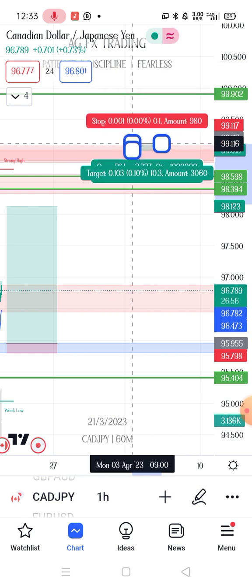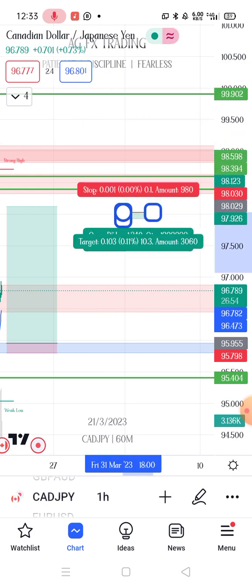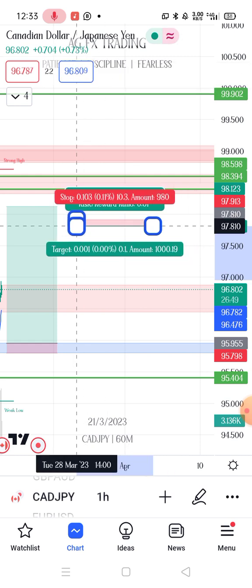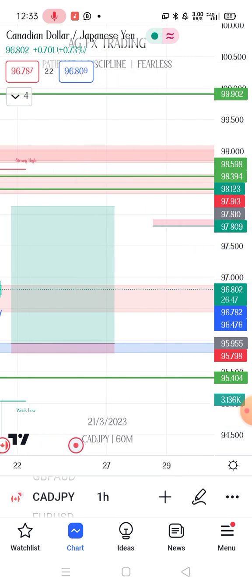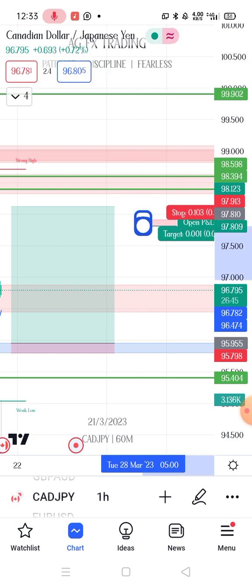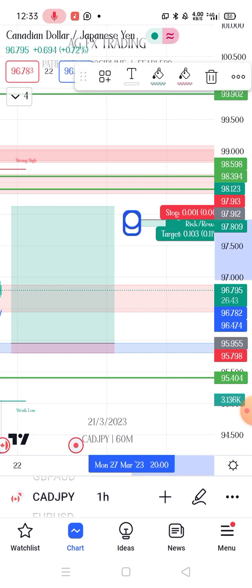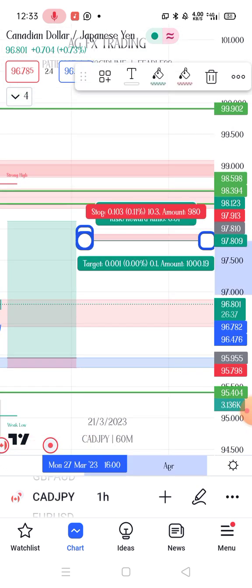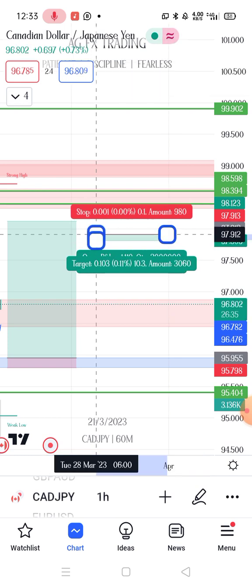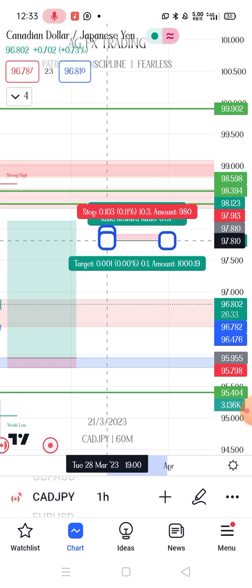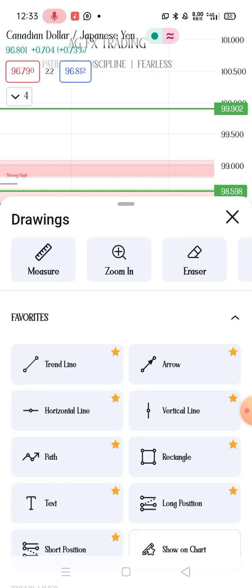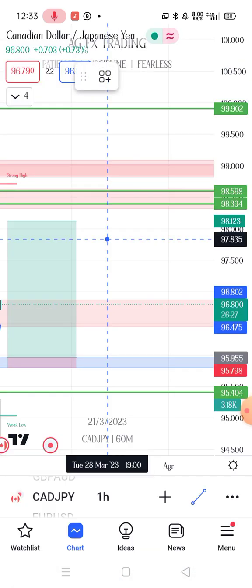What's wrong? Sorry. It's meant to move up here. I don't know why, I don't know the essence of this misbehavior. Sorry. Short position, short.